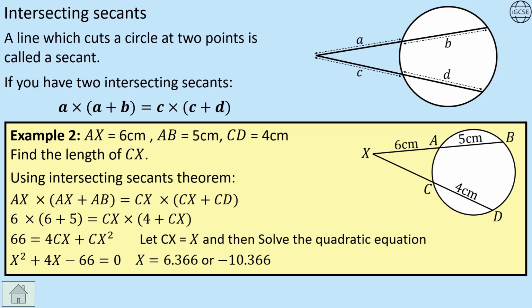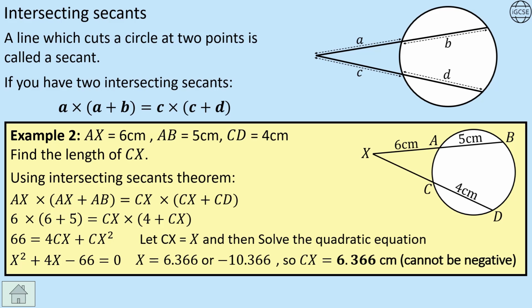Well, this is a length, so this length here must be positive. It can't be a negative length. So I can eliminate the minus 10.366 and safely assume my solution is 6.366. So that is my answer, 6.366 centimetres for the length of CX.